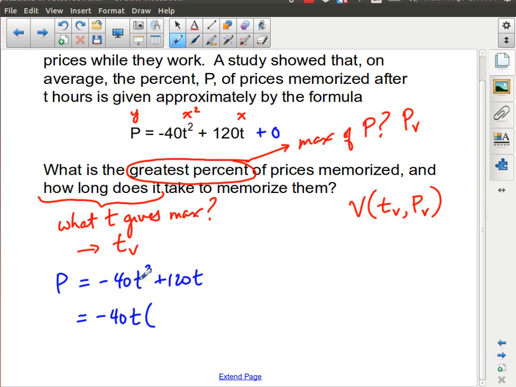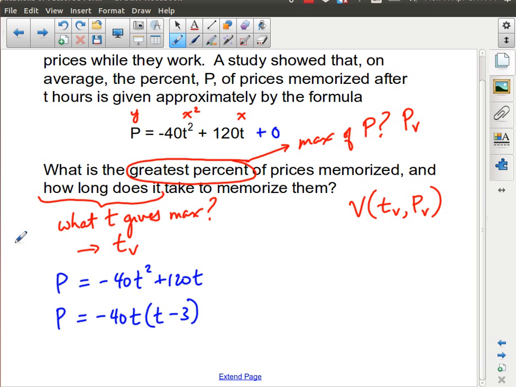What's left behind? Negative 40 divided by negative 40 is positive 1. T squared divided by t is just a t. Positive 120 divided by negative 40 is equal to negative 3. Be careful with that one. And then t divided by t is just 1. So that is my equation now in factored form.